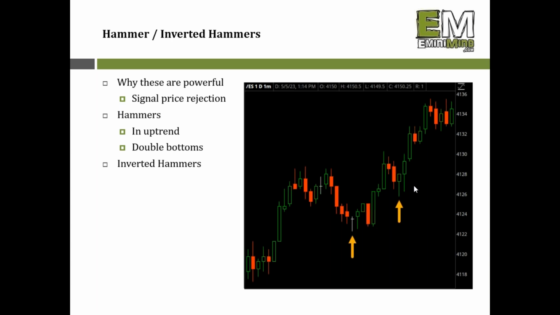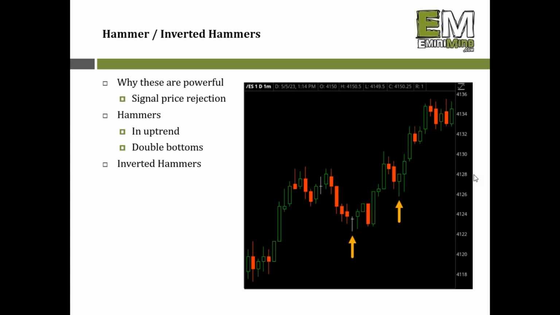The same goes for hammers and inverted hammers. Most folks are probably familiar with the basic candlestick patterns, but it's the context in which these patterns appear that's really where the benefit comes from. So hammers in uptrends are going to be strong buy signals.